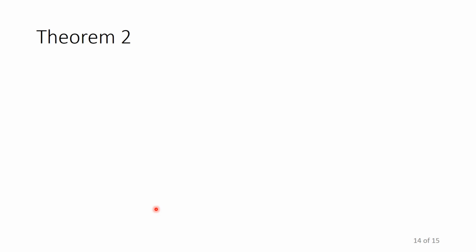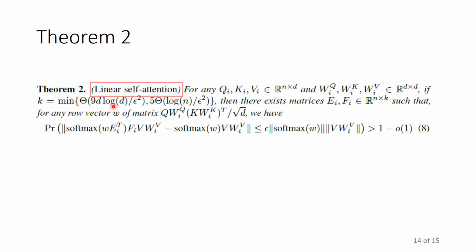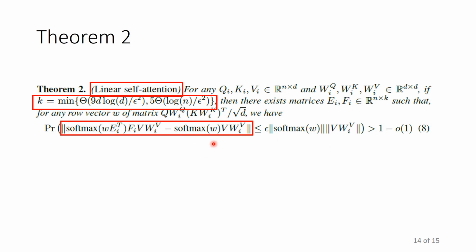The second theorem they claim is that the self-attention is actually linear. So again, for any queries, keys, and values and their corresponding weights, they say if we define k like this, there exist those E and F projection matrices, right, such that this equation right here holds again. So this is sort of the same equation: if we use the projection matrices E and F, compared to when not using them, the distance will be very close.